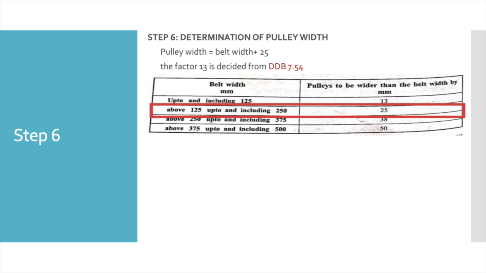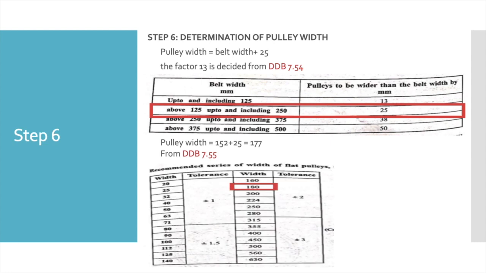You can see this table, and from this table our calculated belt width is 152. The belt width is above 125 and up to and including 250, and for this the pulley is to be wider than the belt width by 25. So the pulley width is 152 plus 25, which is 177.